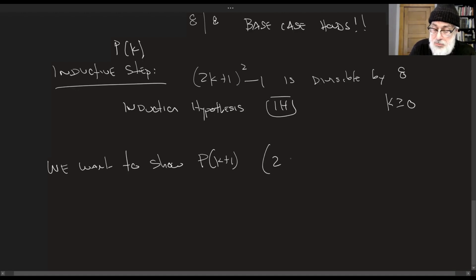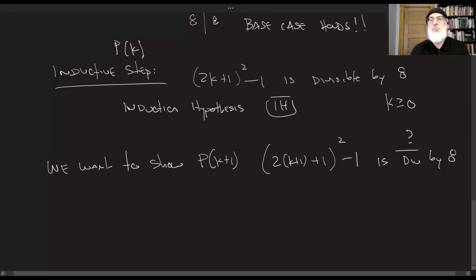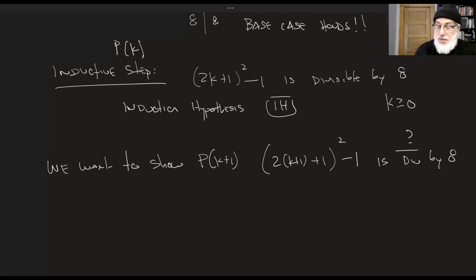It's going to look a little unruly, but it helps just to do it literally first. I'm replacing k with k plus 1. And I want to show this is divisible by 8. Now, I'm not assuming this is true. This is what I want to show. This is my assumption.